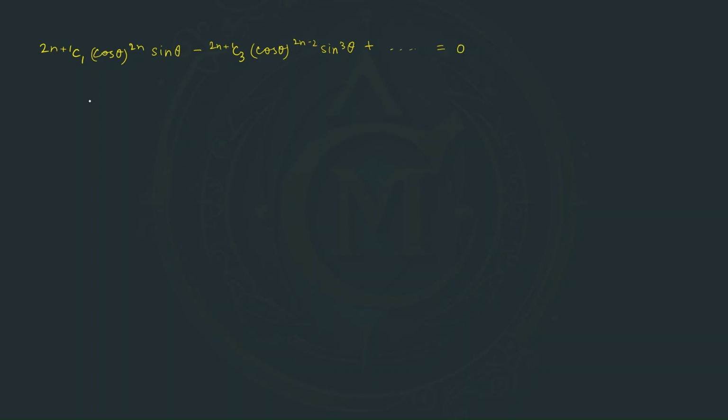Now if we take this sine theta times cos theta whole to the power 2n plus 1 common, then we will eventually get this equation: 2n plus 1 C0 tan to the power 2n theta minus 2n plus 1 C2, sorry, tan to the power 2n minus 2 theta, plus so on up to minus 1 whole to the power n, 2n plus 1 C2n, and then tan to the power 0 theta.